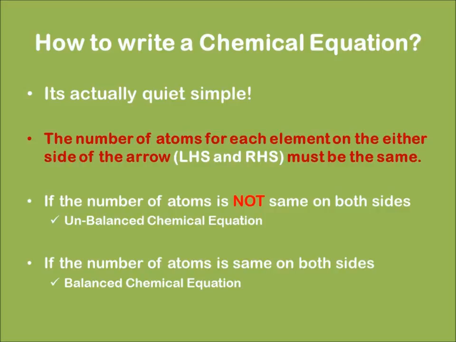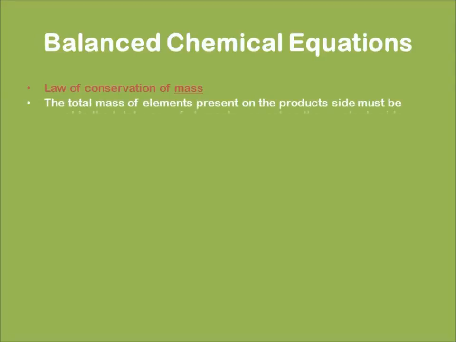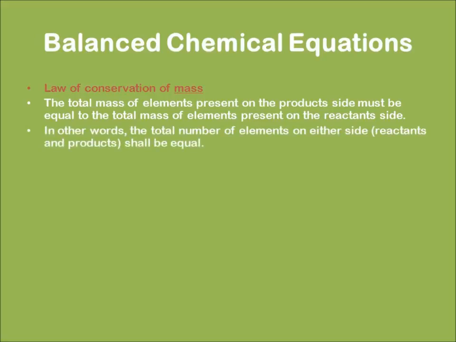Now it is time to learn a bit about a balanced chemical equation. This actually comes from the law of conservation of mass, which states that the total mass of elements present on the product side must be equal to the total mass of the elements present on the reactant side. In other words, the number of atoms of each element on either side of the arrow must be the same.